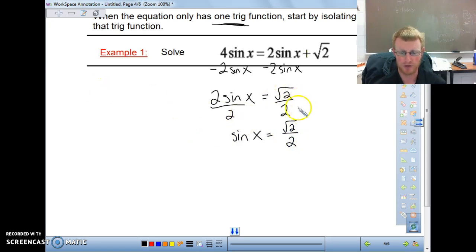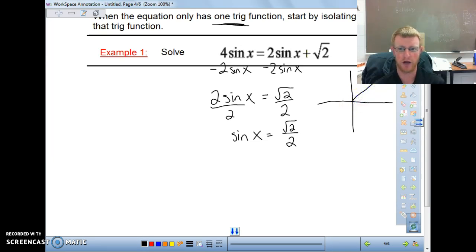Now, recall what we just talked about. We said that the sine is positive in 2 quadrants. So this is kind of what we did at the end of the last chapter in solving trig functions. We're clearly trying to find what an angle is, and sometimes you'll need to use a calculator to find it, and sometimes you won't. In this case, we're going to draw out the 2 triangles, in the 2 quadrants where we're good.